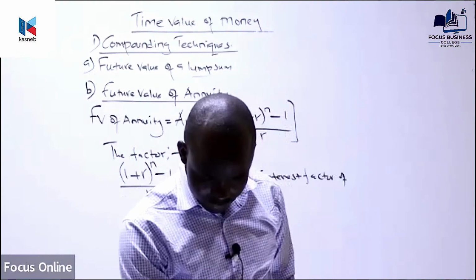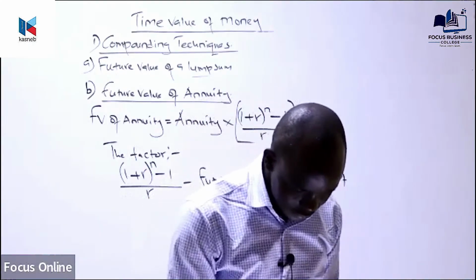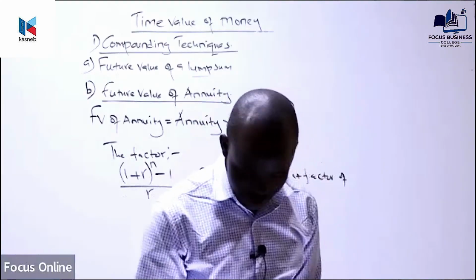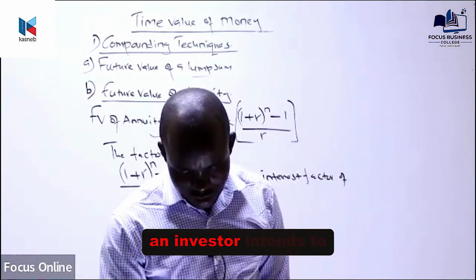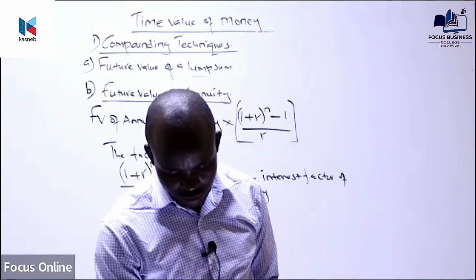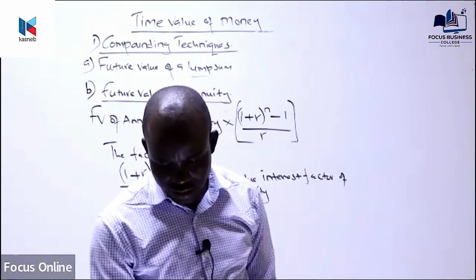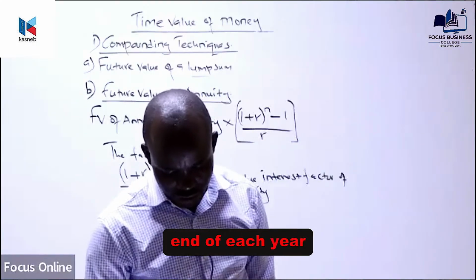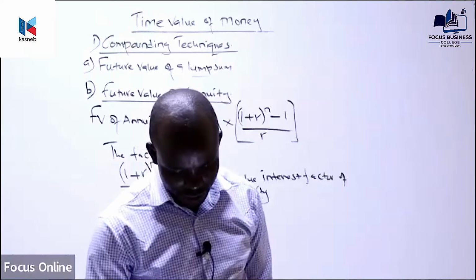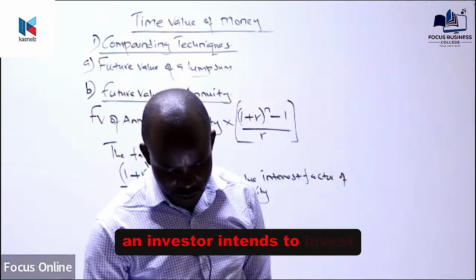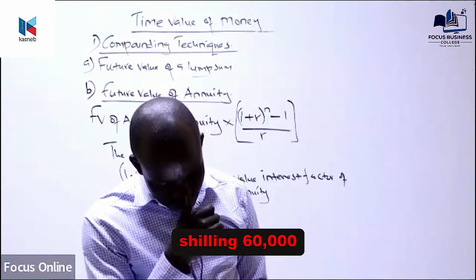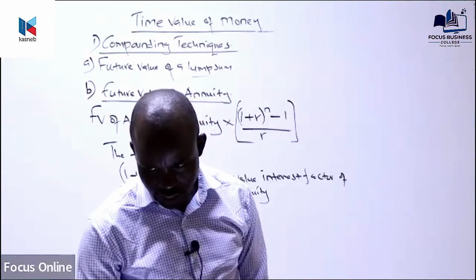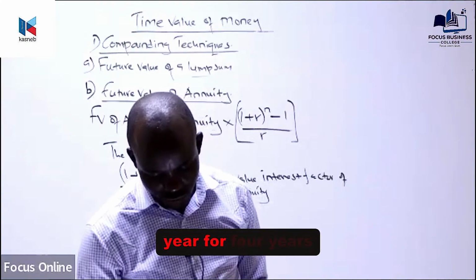Say an investor intends to invest shillings 60,000 at the end of each year for 4 years.